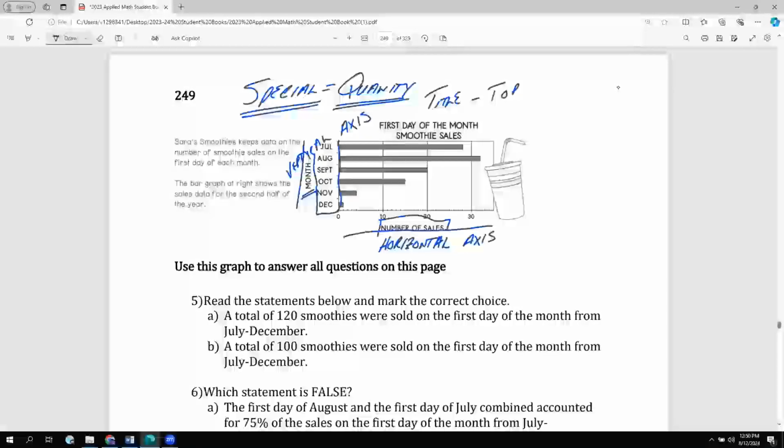You would look at the one that goes out the furthest, because as you can tell, these numbers are getting larger as I move to the right. So I'm looking for the bar that goes furthest to the right.